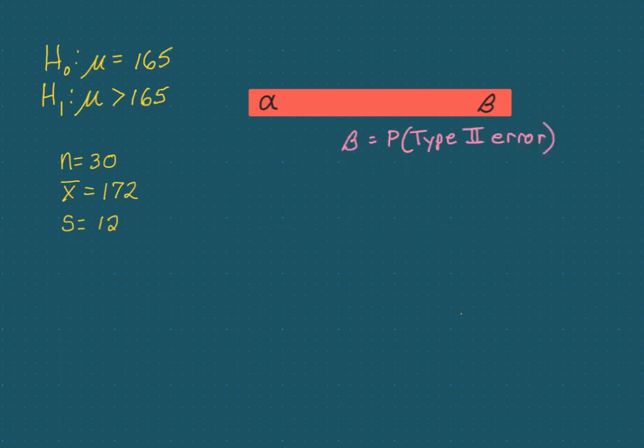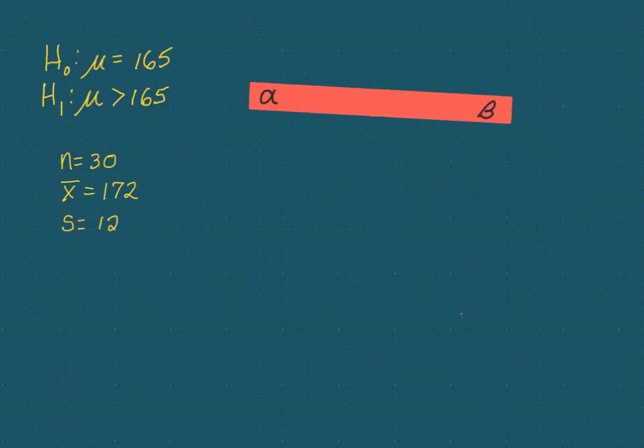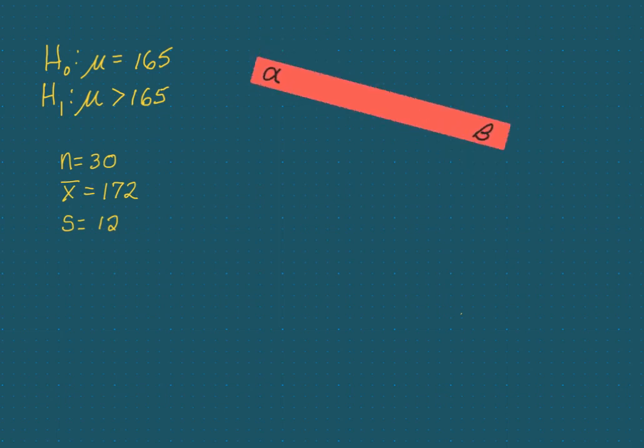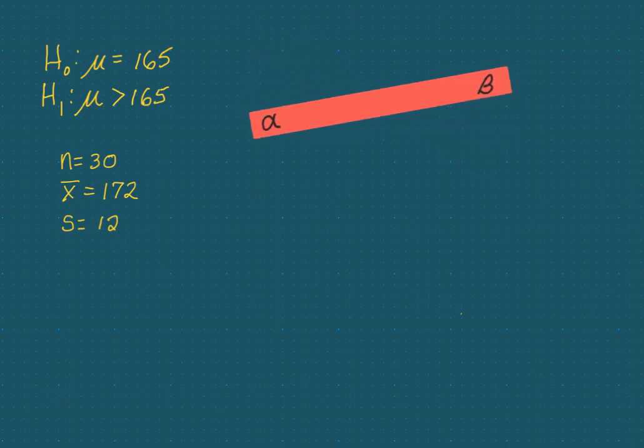And beta equals the probability of making a type 2 error, which is the probability of missing a change in the value of the population mean. So alpha and beta are closely related. If alpha increases, beta decreases. As alpha decreases, beta increases.